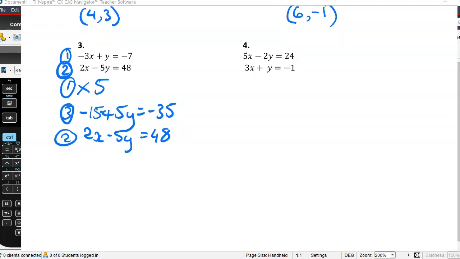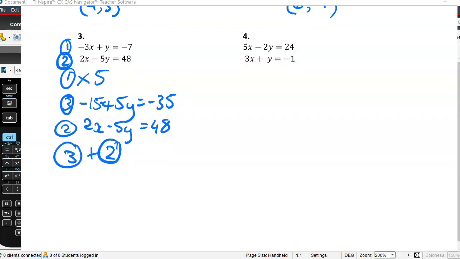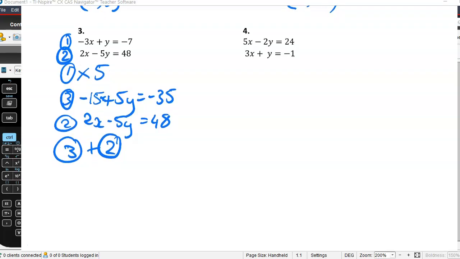Okay, so I'll do addition again. Equation 3 plus equation 2 is what we'll do. And notice that I'm labeling what I'm doing as I go along. You must be doing that as well.